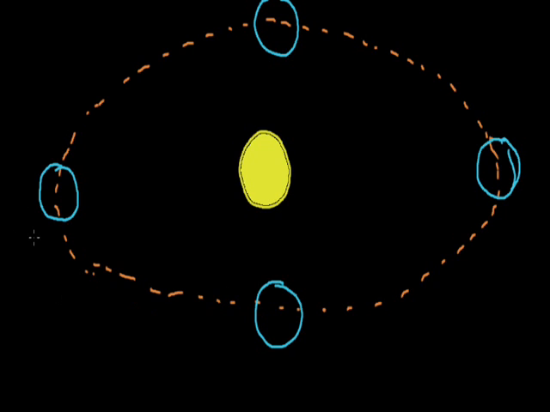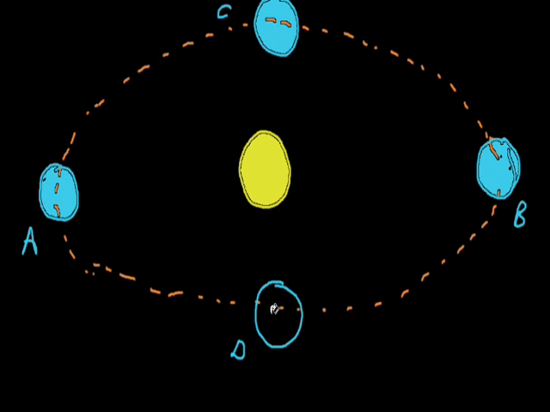I will say that this is the position A, this is the position B, this is the position C, and this is the position D, and I will refer to them with the alphabets A, B, C, D. Now, as we have talked about the rotational axis of Earth, as we know that the rotational axis is a bit tilted, so we can visualize it like this.